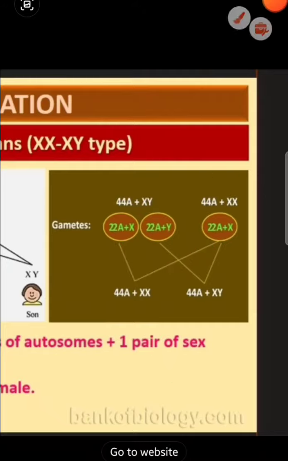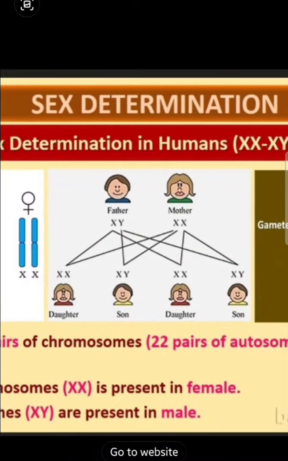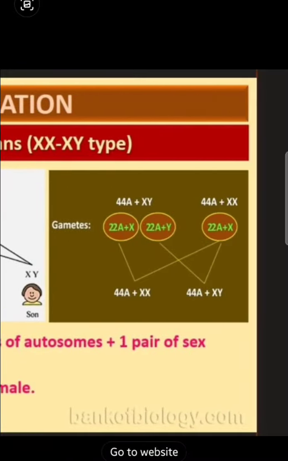If it is 44A and XY, if the Y chromosome fuses, then it will be a boy baby. So you can see here, to clarify your doubt regarding how the autosomes will also be inherited, this is the way.